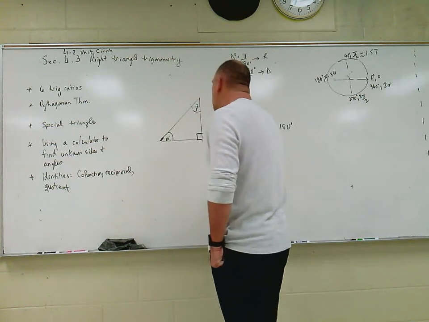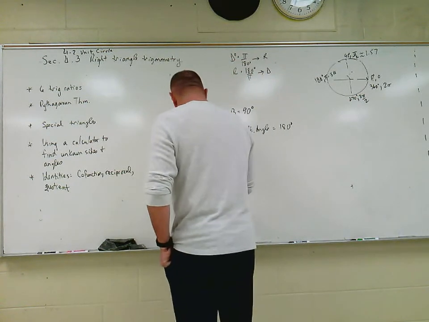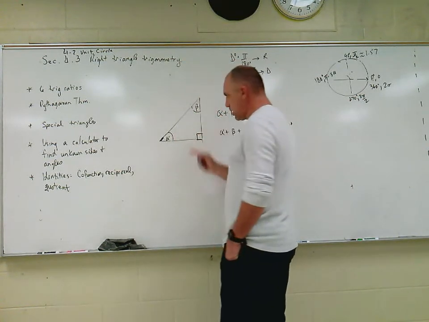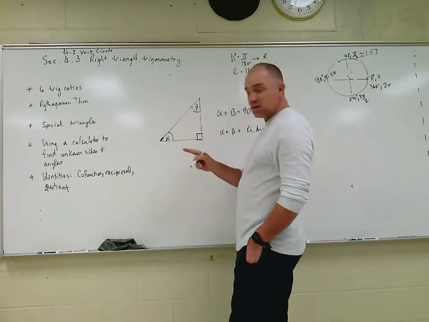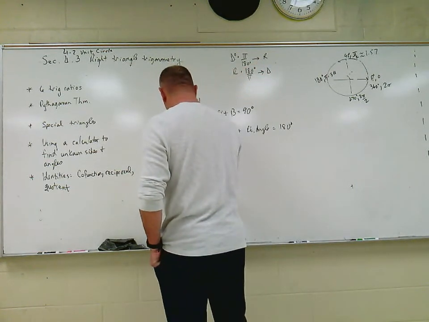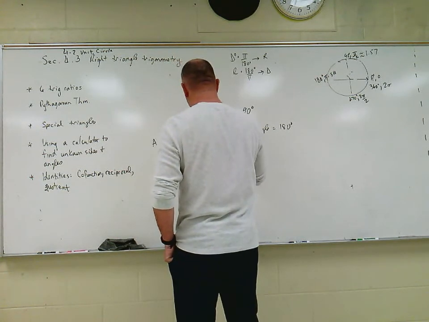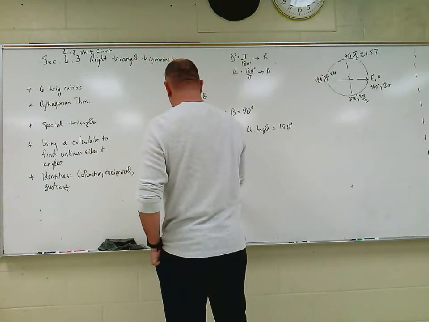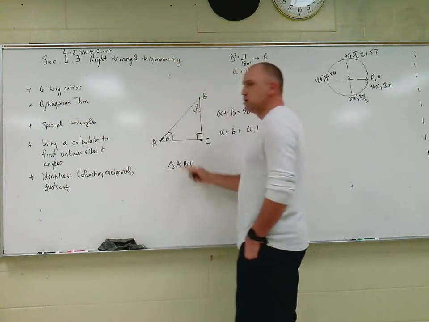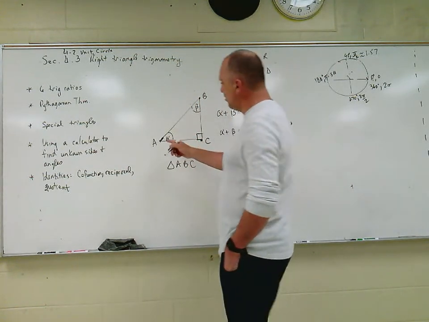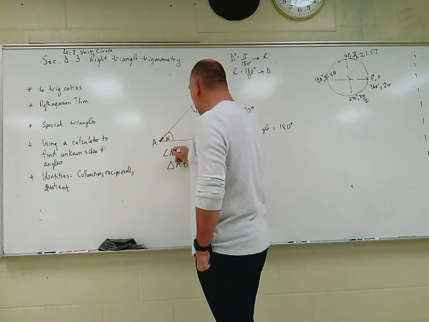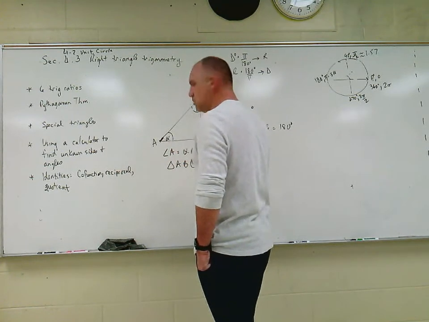Okay. So I use Greek letters for the inside angles, but for the vertices, we use capital letters. So this would be triangle ABC. In lieu of me calling it angle A, I call it alpha.